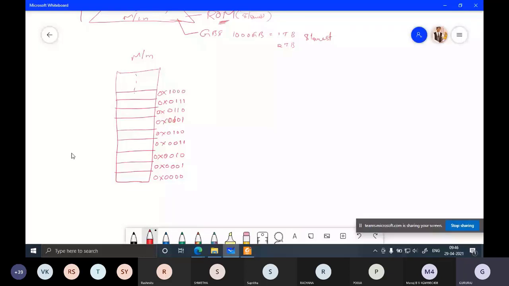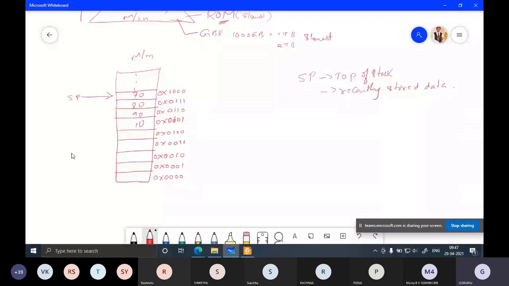Okay, so let's say the stack pointer SP is currently pointing to this location. As I told, SP will always point to the top of the stack, or the recently stored data. Let's say the recently stored data is 70 80 90 10.